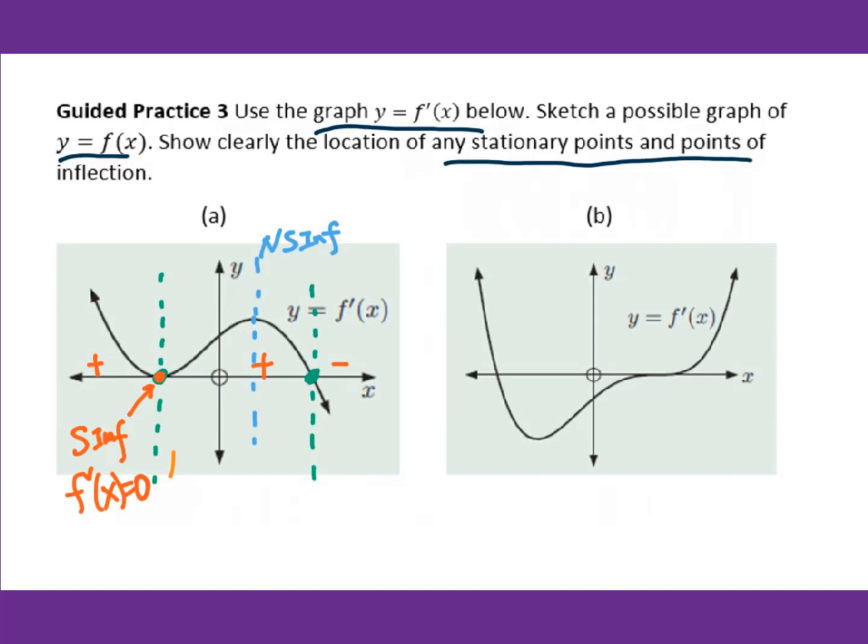Now we can sketch the graph like this. Going up, going down is easy, so we draw the graph like this here. Then you will get an inflection point over here.